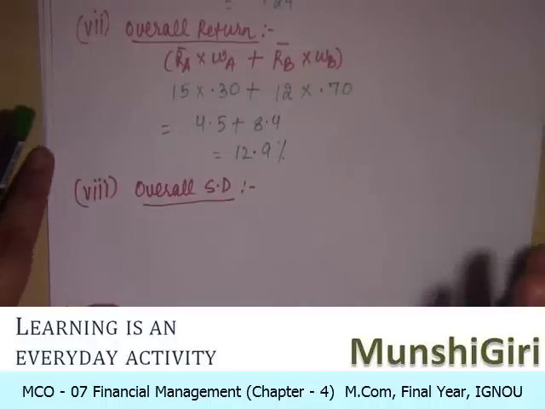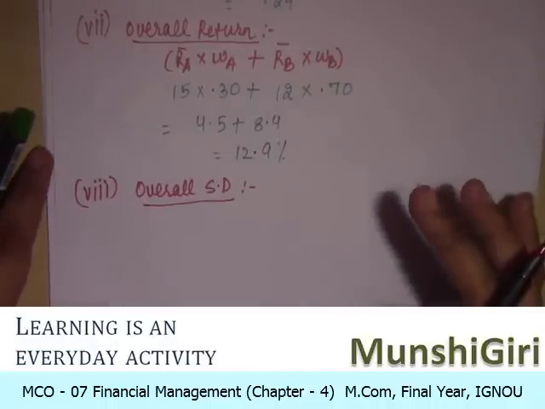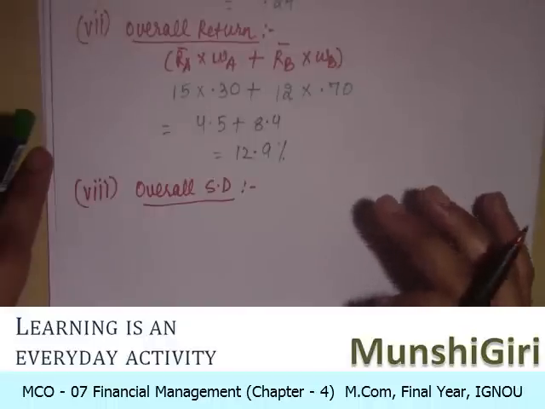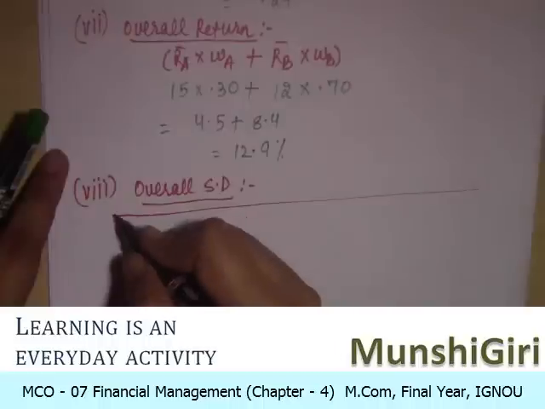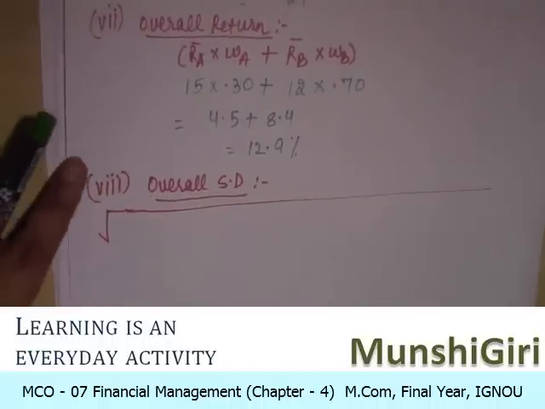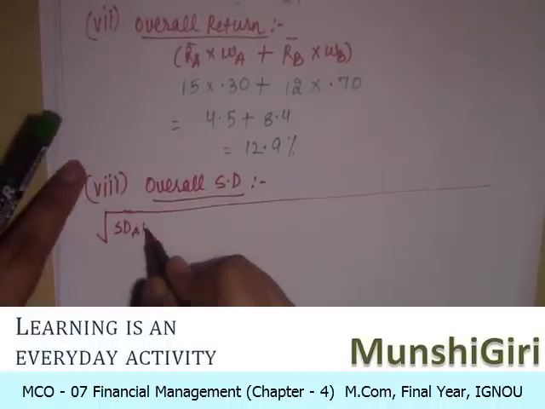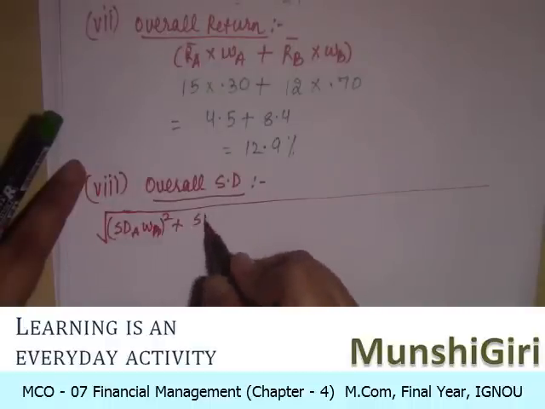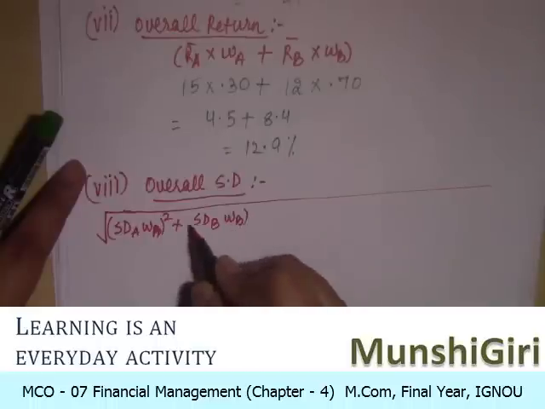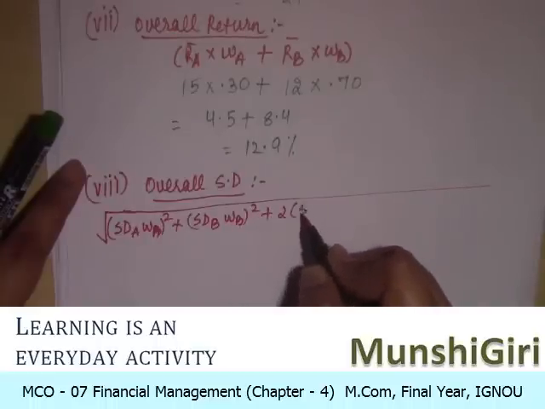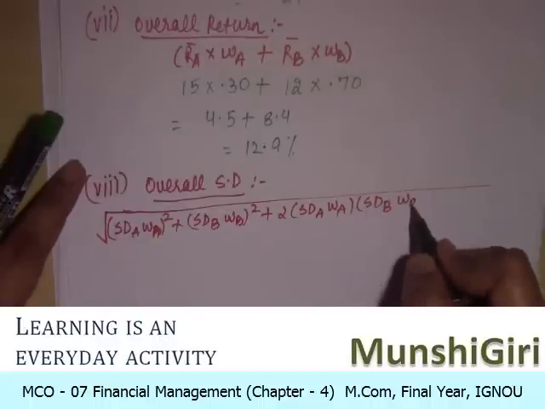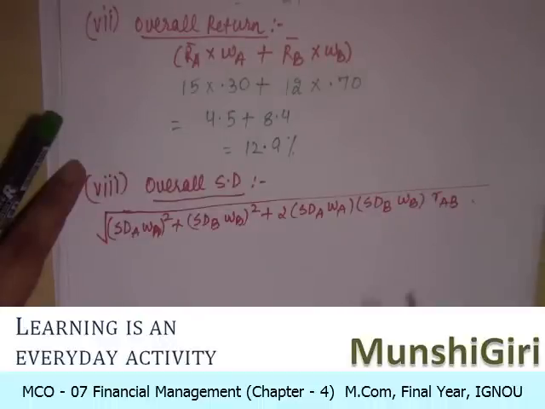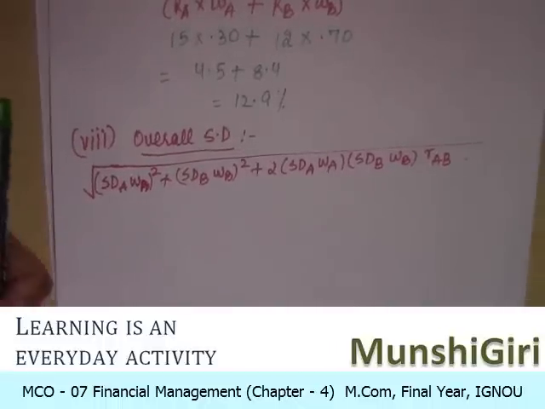So we'll use that big formula, a square plus b square plus 2ab into correlation ab. Let's write down the formula first. Overall standard deviation is equal to the square root of standard deviation of A into weight of A whole square plus standard deviation of B into weight of B whole square plus twice of standard deviation of A weight of A into standard deviation of B weight of B into correlation AB.